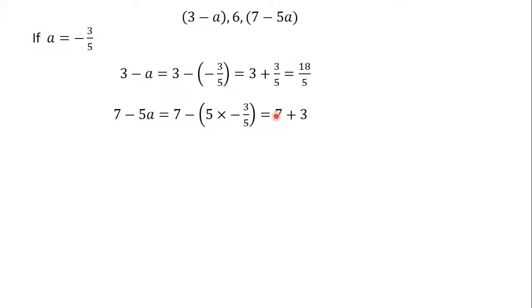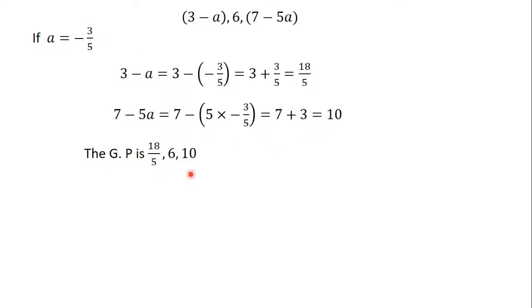And this will give us 7 plus 3, since 5 will cancel 5. 7 plus 3 is equal to 10. So this means that if a is equal to minus 3 divided by 5, then the GP will be the first term, 3 minus a, which is 18 divided by 5, then the second term, which is 6, and the third term, which is 10.